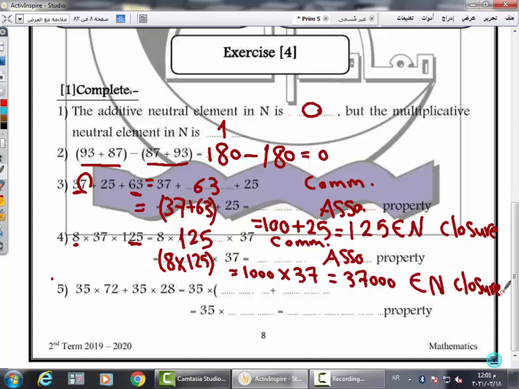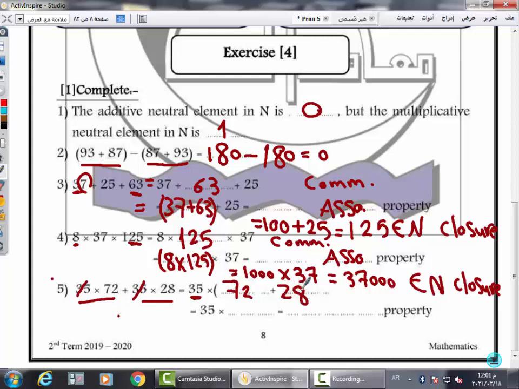The last example in this page, 35 times 72 plus 35 times 28. We look at the two parts. We observe that we have 35 and this is 35, and we will take it outside and we put the other numbers between brackets, 72 plus 28.